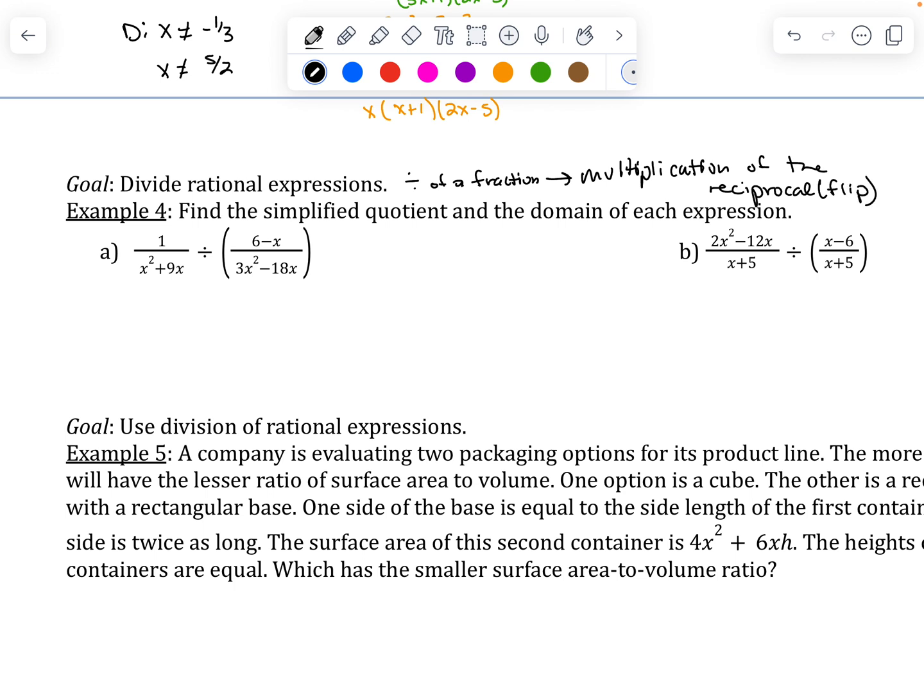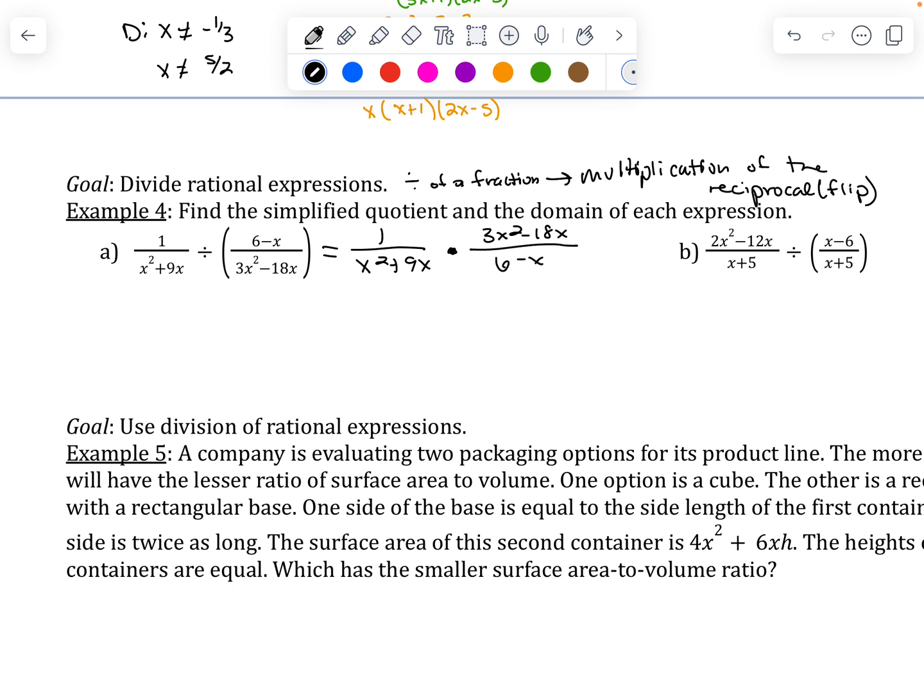Okay, so this is realistically 1 over x squared plus 9x times 3x squared minus 18x over 6 minus x. Okay, that's the equivalency. You're just multiplying by the reciprocal, and then you're doing exactly what we just did above.